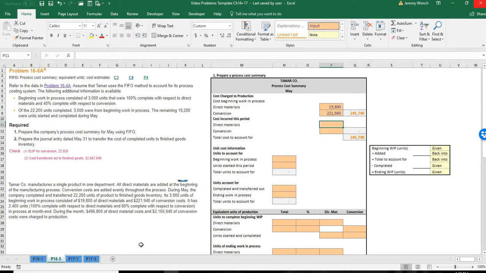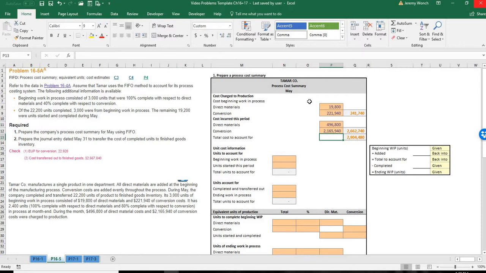Then during the month, we added, which is down here, 496,800 of direct materials and 2,165,940 of conversion cost. So we have to account for $2.9 million of total cost.